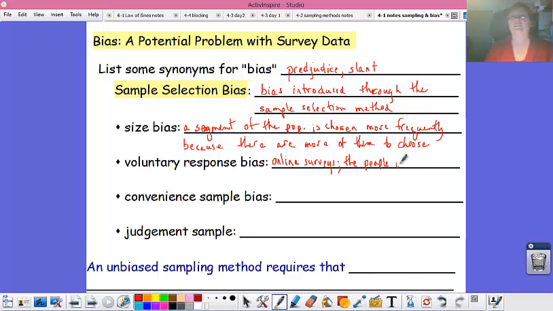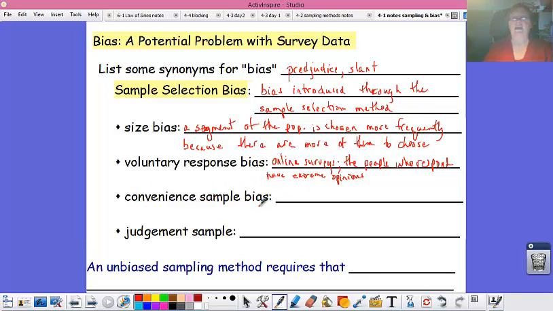So there are lots of us that may read something on Facebook or whatever, and it just goes right over our head. You have to really care deeply to answer a survey if no one's face to face with you saying, please answer my question. The people who respond have usually extreme opinions. So you get the yes, I'm way for it people, or the no, I'm way against it people. Okay, they're the ones who care enough to respond.